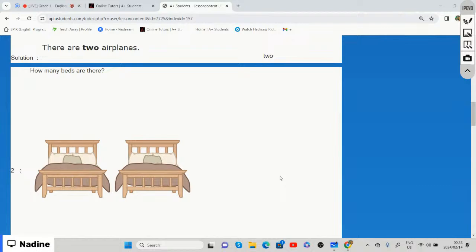So if they want to know how many beds there are, then we can say that there are two beds.